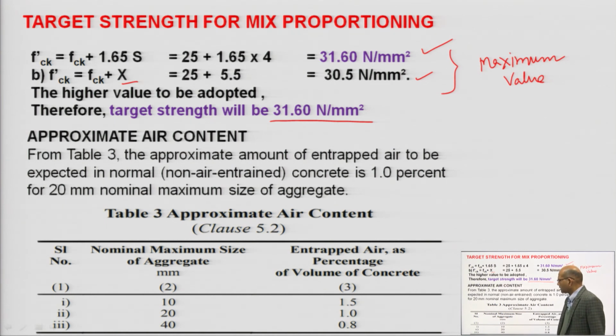Now the approximate air content. Whatever means you adopt, there will always be entrapped air. How much will the air content be? That depends on the size of the aggregate, whether it is 10 mm down, 20 mm down or 40 mm down aggregate; the amount of air in the concrete will change.